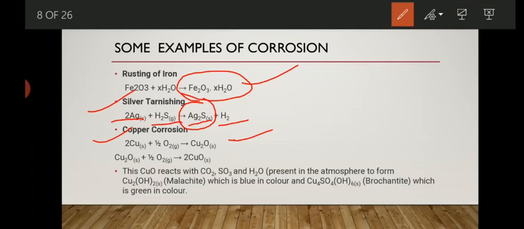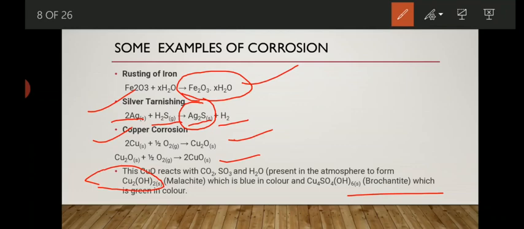Then that cuprous oxide again combines with oxygen and forms cupric oxide or copper oxide. And this copper oxide reacts with carbon dioxide, sulfur trioxide, water molecules, or in the presence of any other chemicals, and forms a compound, basic copper carbonate or other chemical compounds, by which the color of copper utensils or copper metal changes into blue or green. So these are the examples of corrosion.